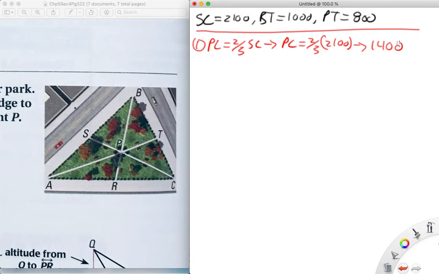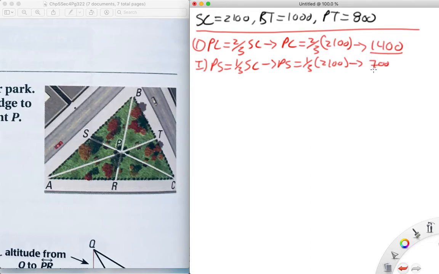So PC equals 1400. And there's two ways to get PS. One way is you could just do the 1/3. So I can say that PS is equal to 1/3 SC. So that means that PS is equal to 1/3 of 2100. So the PS is 700.